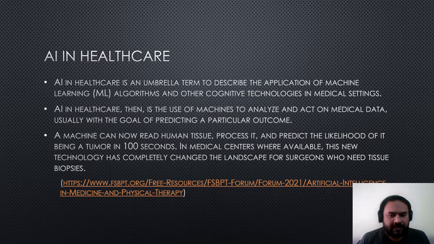It is available in different medical centers, and this new technology has completely changed the landscape for surgeons who need the tissue biopsy. You can refer to this website for detailed information about this software.